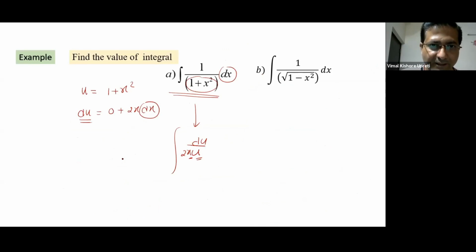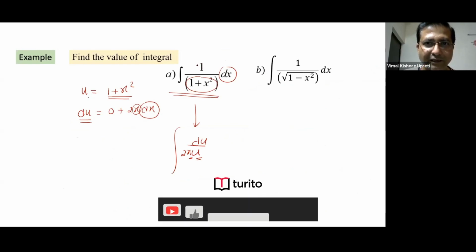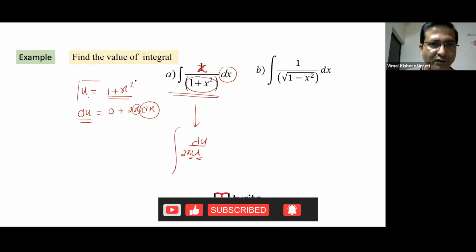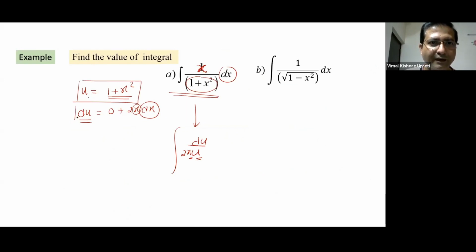But if in this case you assume 1 plus x square as something, there is no x in the numerator which I can assume or combine with dx. If x were written in the numerator, then this would have been the correct approach: u is equal to 1 plus x square, du is equal to 2x dx, and x dx I can assume du by 2.